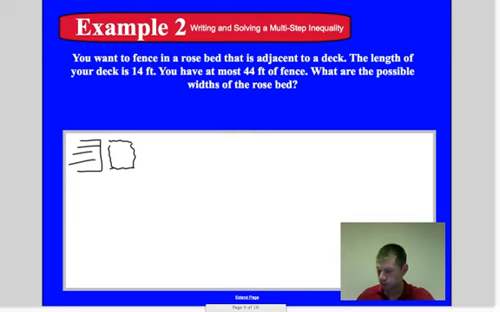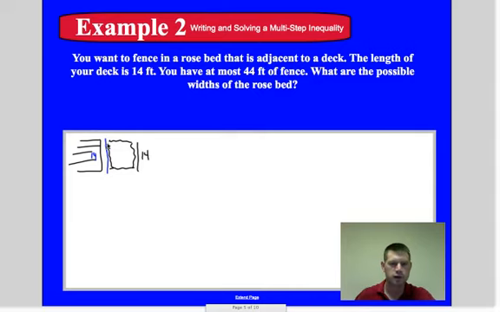What we do know is that when we put a fence around the side, it's going to be 14. So we know this one is 14 feet, which means that this side is also going to be 14 feet.